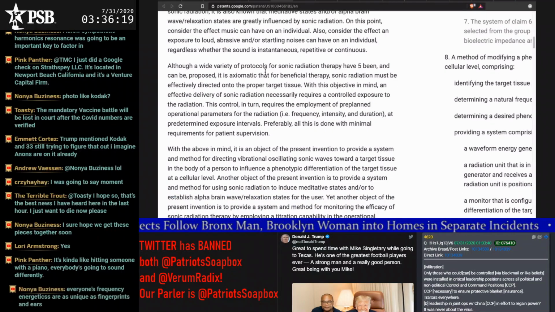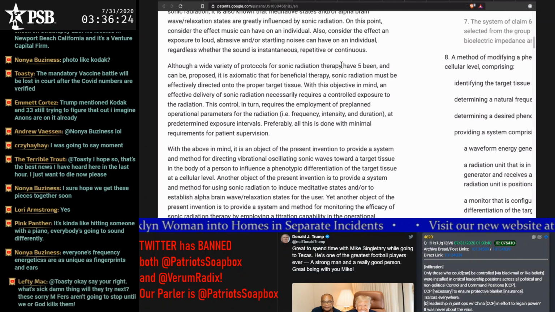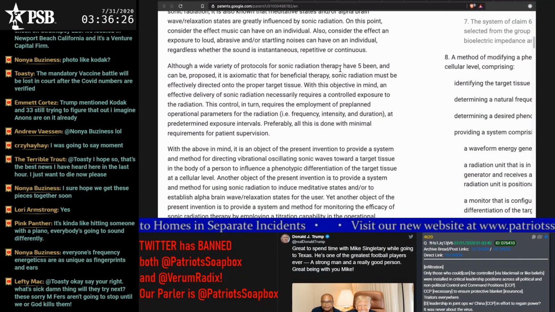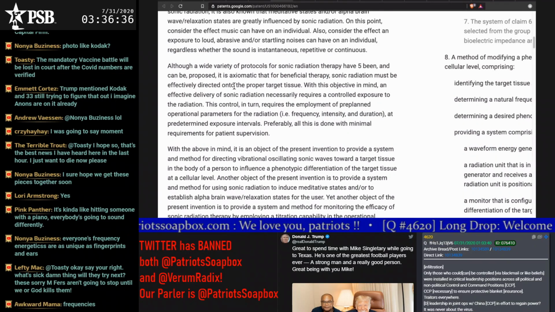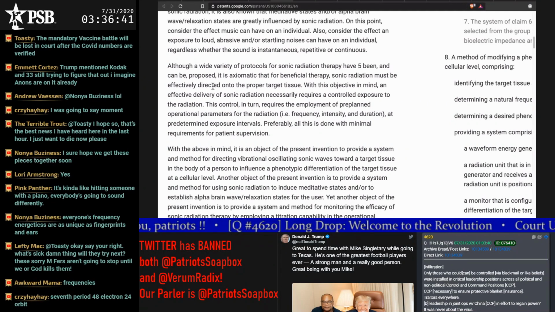Although a wide variety of protocols for sonic radiation, sound wave therapy, have been, it says have been, that's interesting, can be proposed, it is axiomatic that for beneficial therapy, sound waves must be effectively directed onto the proper target tissue. So it has to be directed.